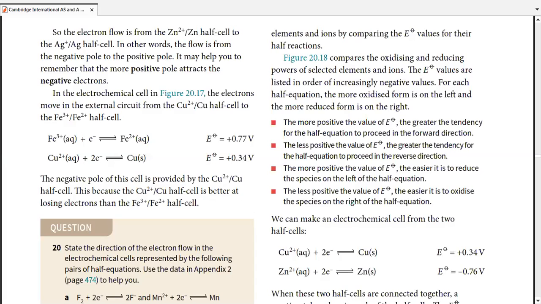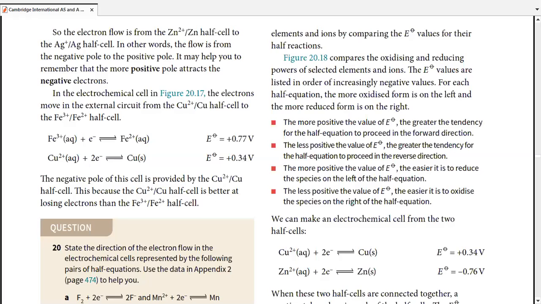Sir, copper is better at gaining electrons, no? Look, in this case we have copper's value less positive and iron's value more positive. We have discussed before the case in which the value is less positive, it's better at oxidizing, and when it is higher positive, it's better at reduction. So in this case, iron is better at reduction and copper is comparatively better at oxidation. So copper becomes the negative pole and iron becomes the positive pole.